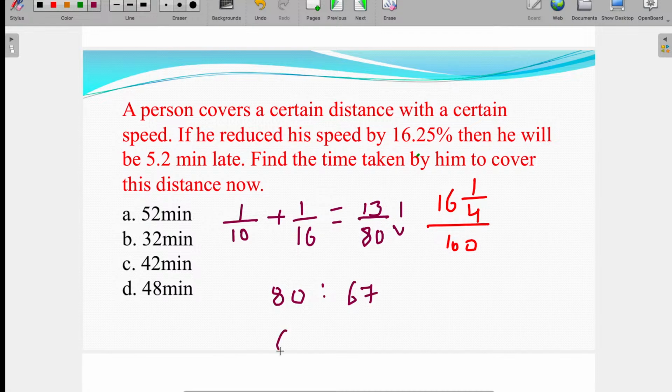Then reverse, 67 is to 80. 13 parts is equal to 52, means 5.2 minutes. I need to find the time taken to cover the distance now. Now means 80 parts. Time I need to find out for 80 parts. Just you find out and tell me the answer. That will be your answer.